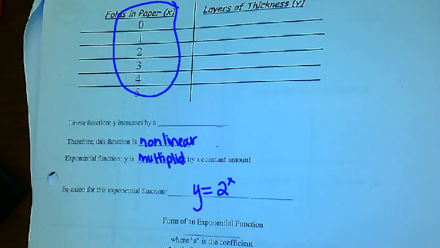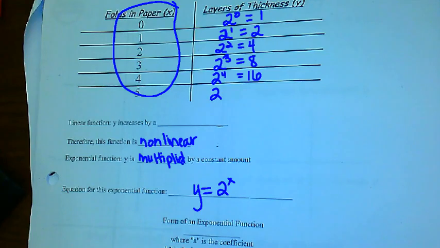If you already have it on your paper, if I do 2 raised to the 0 power, that equals 1. 2 raised to the first power, that equals 2. If you notice, these were the numbers that we had when we actually did the paper folding. I'm just showing you that. In case you do not know how to do this in your calculator, I will show you later.